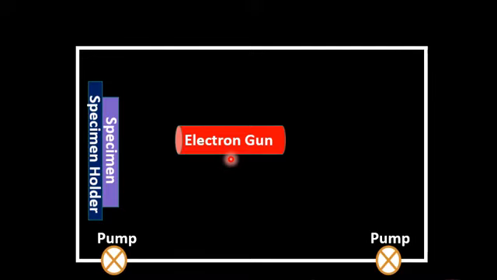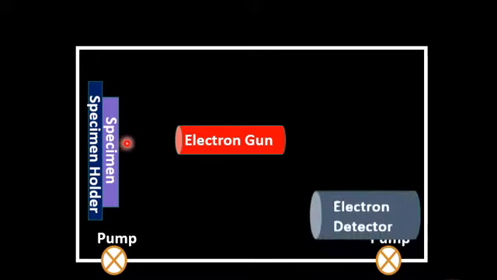The filament is heated, and the thermionic emission of the filament heats the cathode, and the cathode emits a stream of electrons, which is accelerated by different types of grids present in the electron gun, and that stream of electrons has a very high energy. When the high energy stream of electrons is incident on a specimen surface, the Auger electrons will be emitted only from the range of 3 to 10 nanometer.